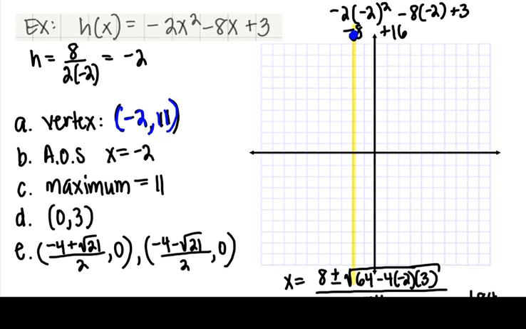Now I'm pretty sure this is right. If I've made a mistake, I'm in big trouble. We'll see though. F is the graph. Now this is not the 1, 3, 5 rule.